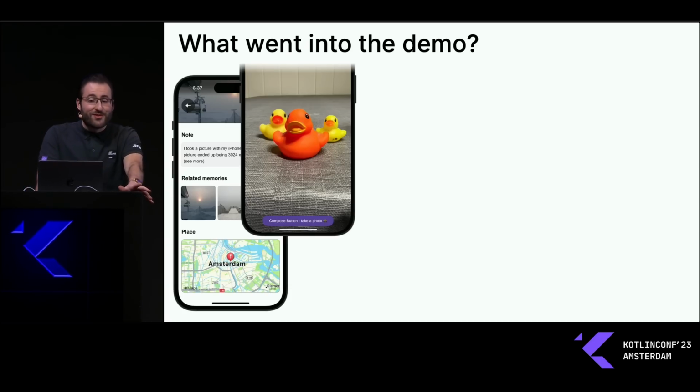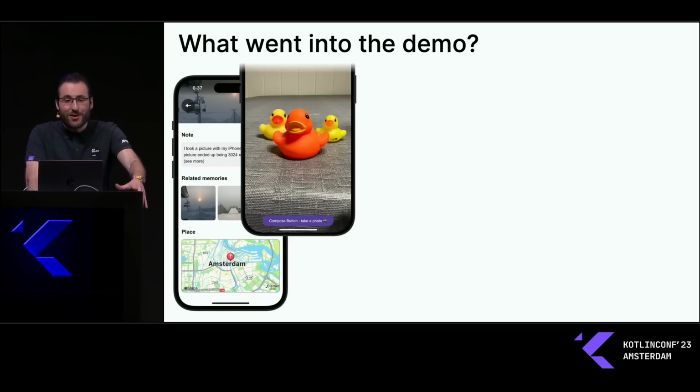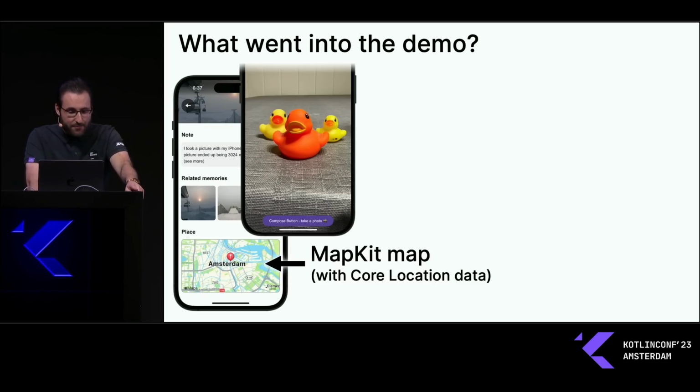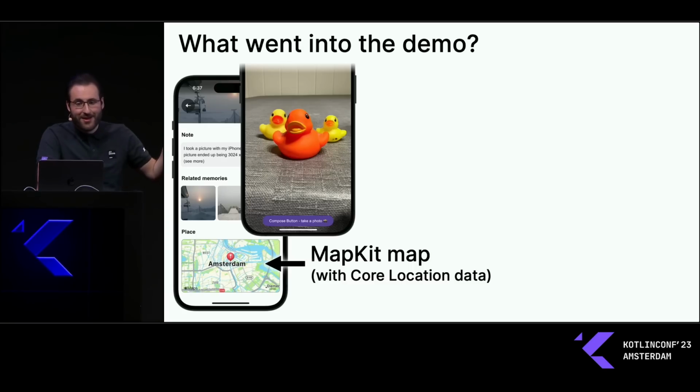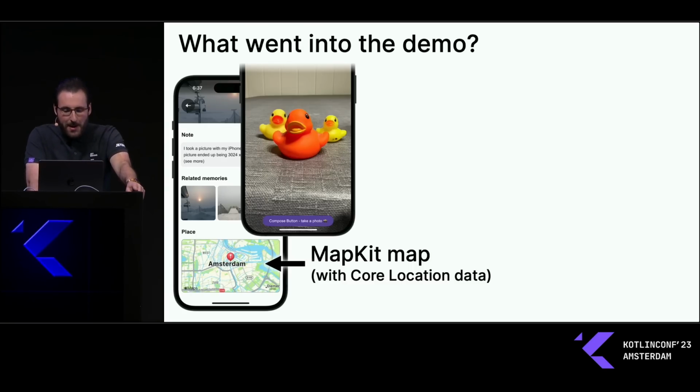But of course, we also saw a bunch of stuff that wasn't just Compose. Because just like any other fully featured app, we want to make use of what the platform has to offer. We showed you two of these examples. We had the MapKit map, which also had this nice little 3D animation in there. And of course, we fed that using Core Location sensor data, so that it's actually the real GPS.